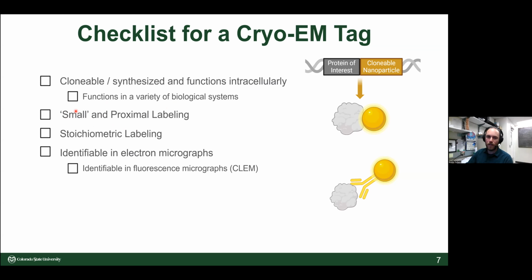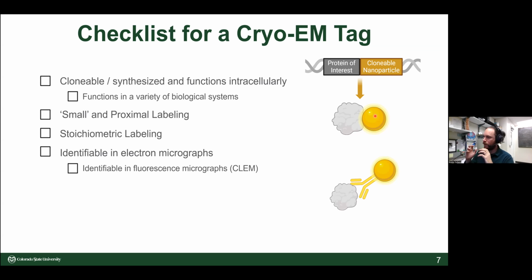We want small in that we don't want some electron dense tag to obscure the thing we're trying to see. If the proteins we think about are on the order of 10 nanometers or more, we want a tag that in its entirety is less than 10 nanometers, give or take. We want stoichiometric labeling, so a single electron dense tag per protein of interest.